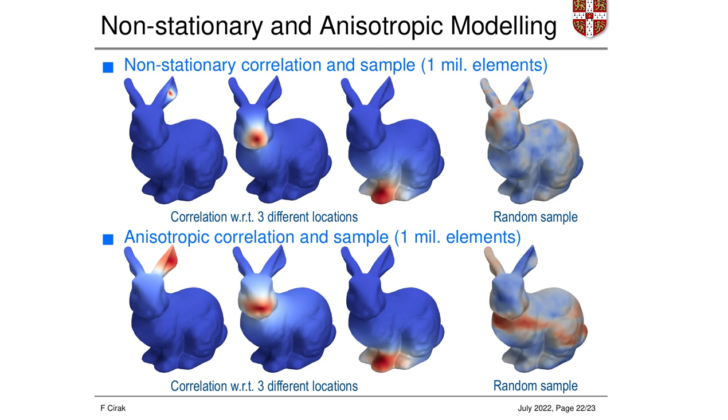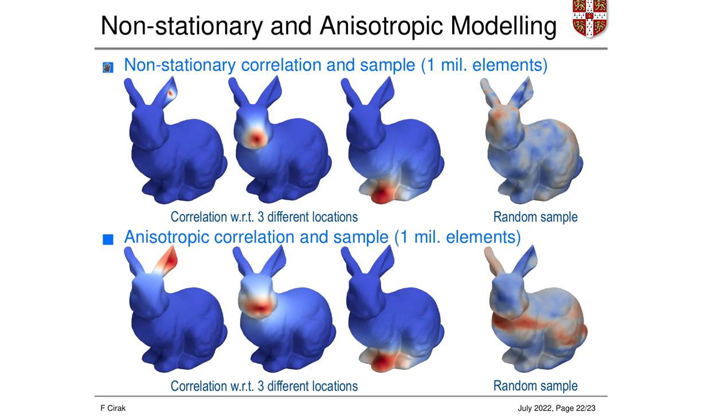The third example is about modeling non-stationary and anisotropic random fields. Typically, the Matern field is stationary and isotropic. However, we can also obtain Matern fields that are non-stationary and anisotropic. This extension can be very easily done by modifying the stochastic partial differential equation that we have seen earlier.